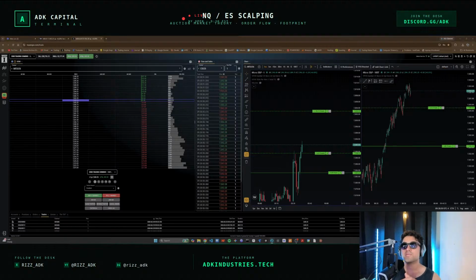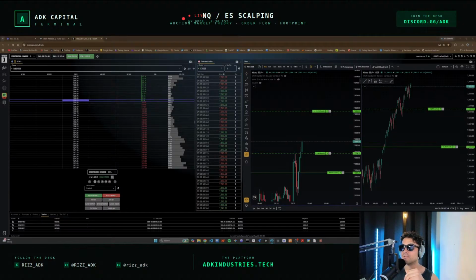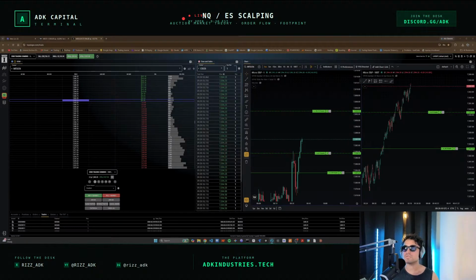All right, looking at the footprint, I see some sellers coming a little bit, but I think they're getting absorbed. And at 75.94s, we have some sellers. So let's see how we break 75.94s. Will we even break 75.94s?